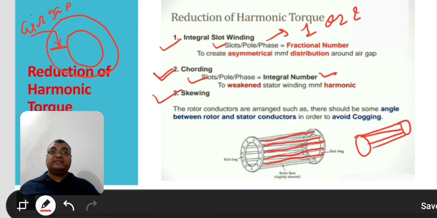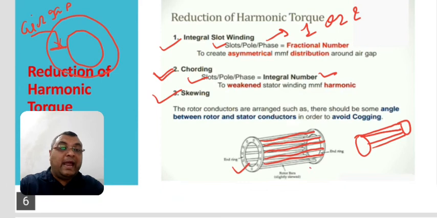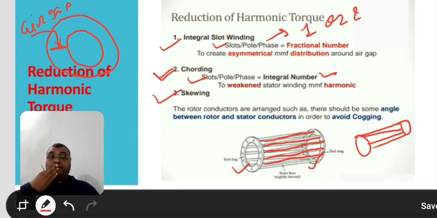The construction of a rotor is shown here. Generally the bars are parallel to each other, but instead of considering them straight and directly connecting them to the end rings, these are the end rings, the first end ring and the second end ring, the bars could simply be straight. But here the rotor bars are slightly skewed, so they have some angle.